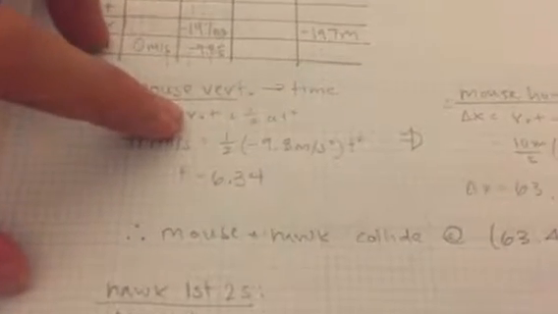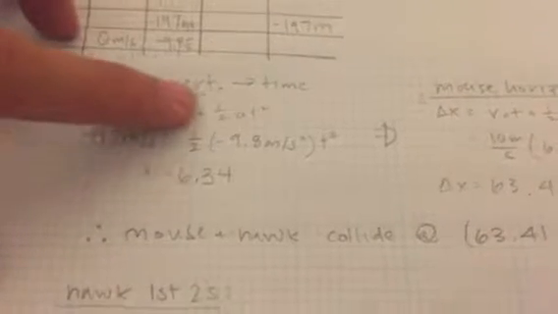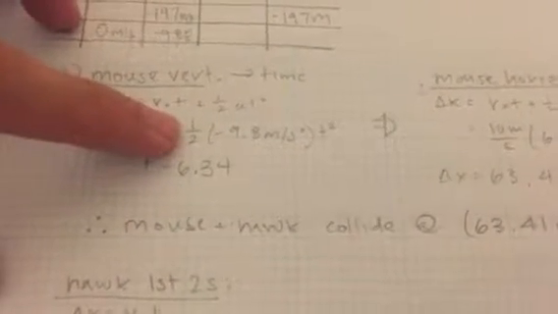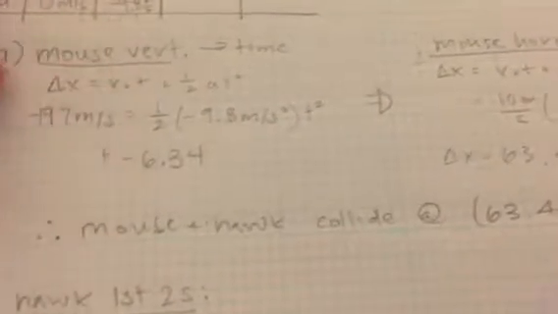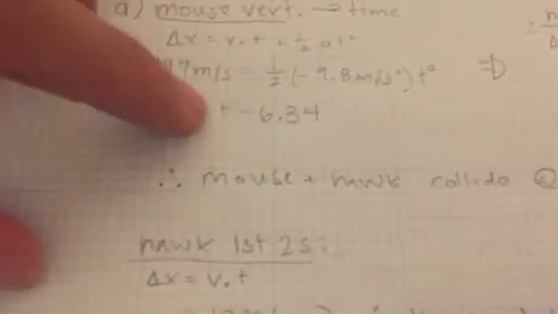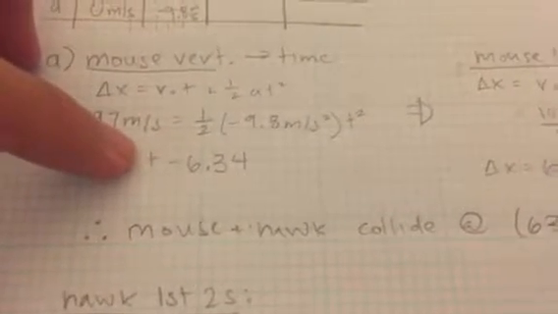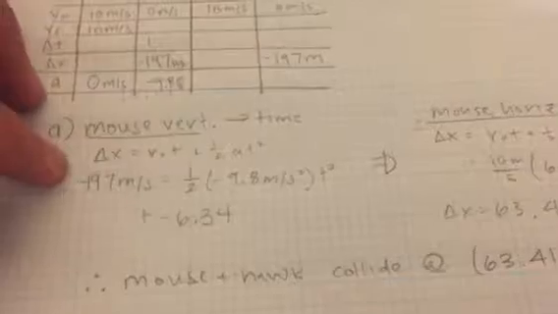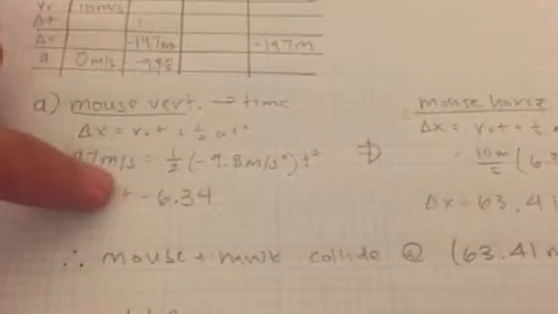Since velocity is 0 when it is dropped, we just have to look at the acceleration part of this kinematic, and that is 1/2 times negative 9.8 meters per second squared times t squared. If we work this all out, we get that the mouse was falling for 6.34 seconds. So the time between the hawk dropping the mouse and regaining the mouse is 6.34 seconds.